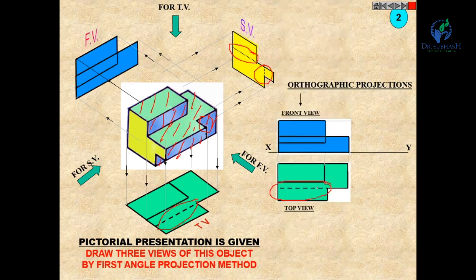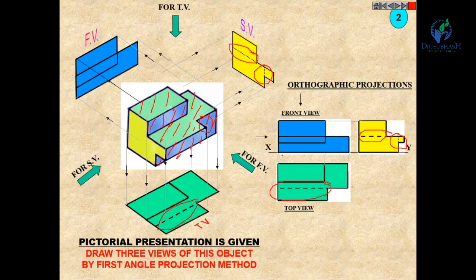Now similarly draw the left hand side view on the right of this front view. So here these two are the dash lines, as given here, right?